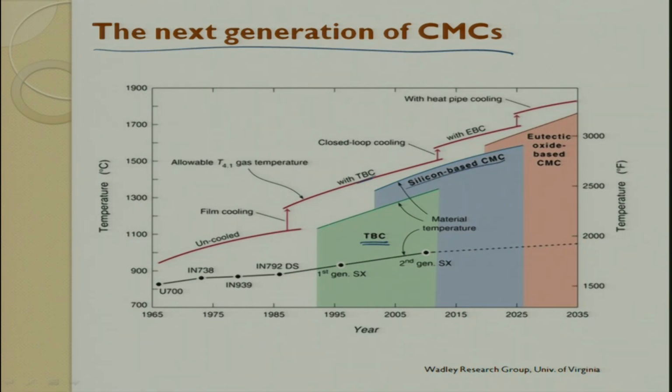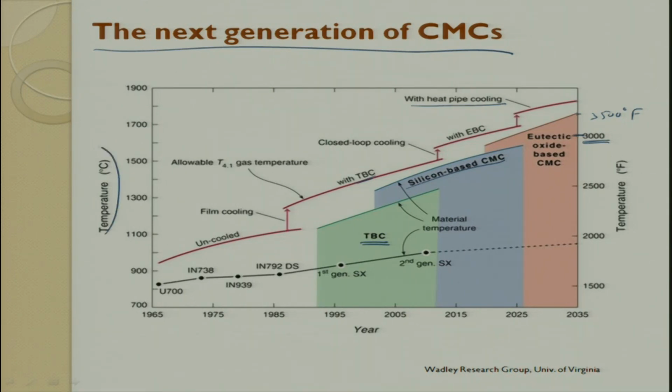Then this will go into eutectic oxide based ceramic matrix composite with heat pipe cooling, which we will try to make. You can see these are the ceramic materials which can go up to 3000 to 3500 degrees Fahrenheit. So, this is what we are looking at.